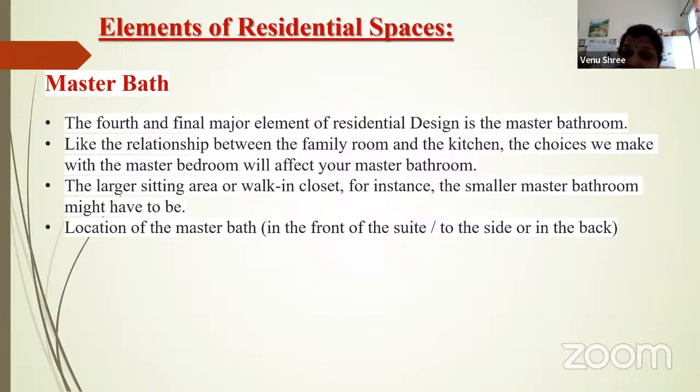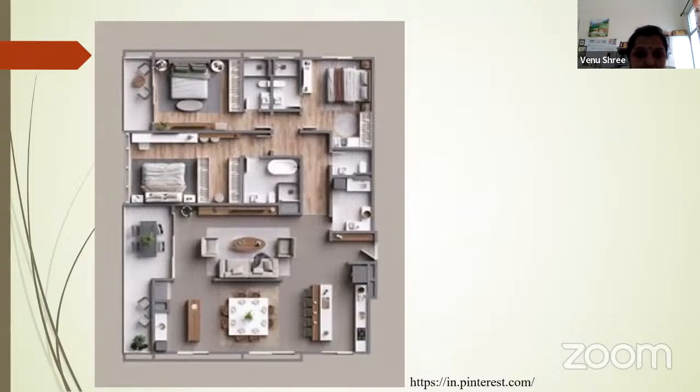Sometimes the client needs it in front of the suite, or on the side, or in the back of this room. Or sometimes the client needs a bathroom which is shared with the kids' room also. So this is how this particular element varies.